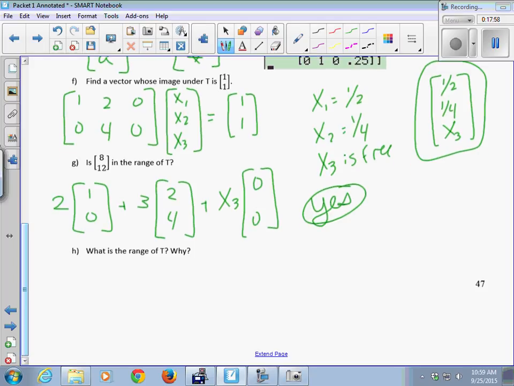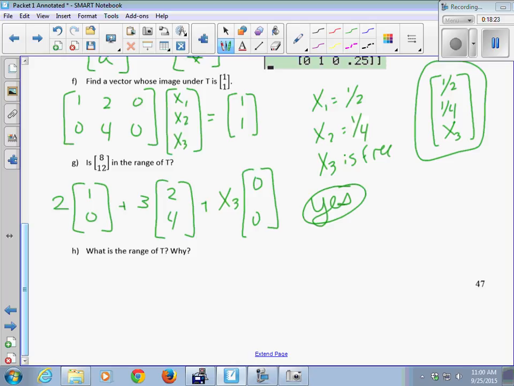Okay, so what's the range of T? So the codomain is R2, right? Because I'm always getting vectors in R2 as my outputs. The question is, can I get every single vector in R2 as an output? You have a free variable, so yes.